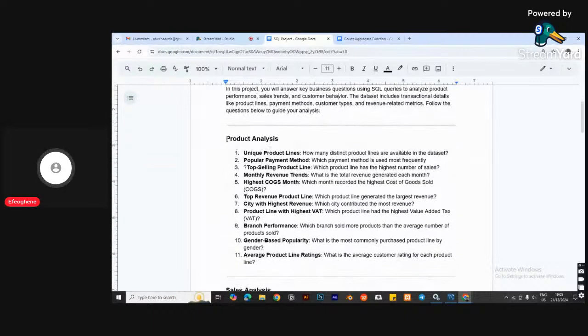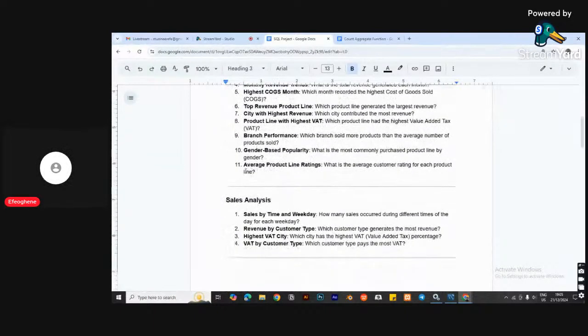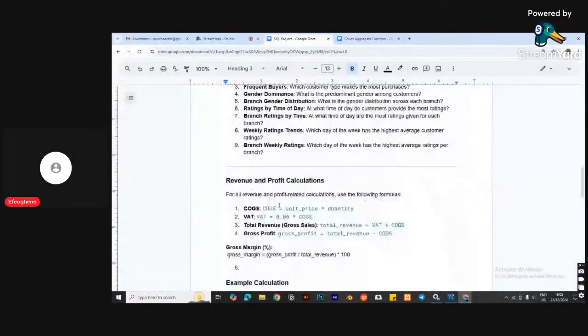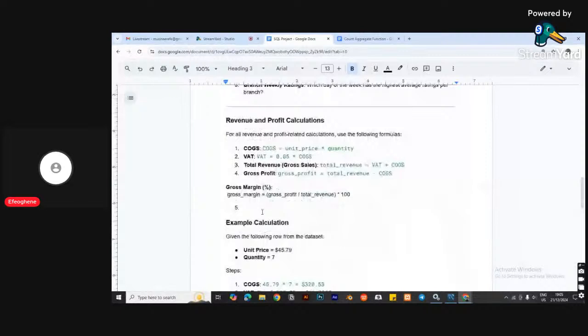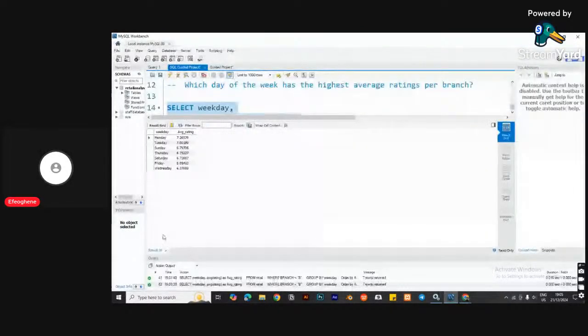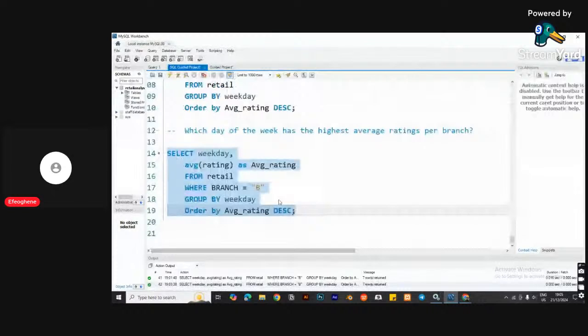And so we were able to carry out product analysis on the data set, sales analysis too, and then customer analysis. So you can go through the information that I've been given here to practice.